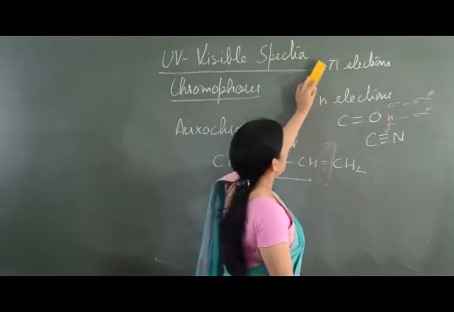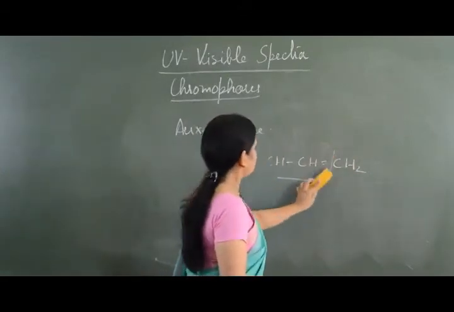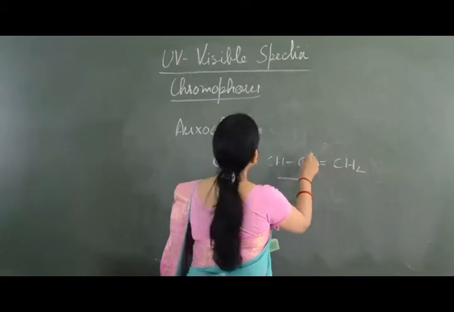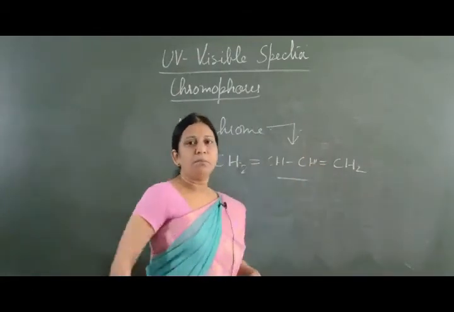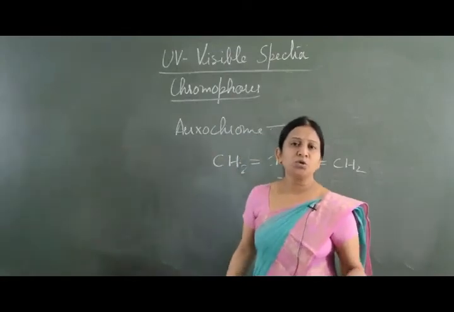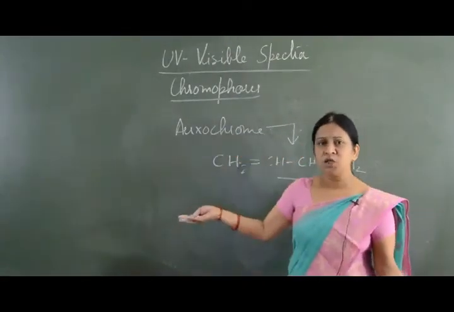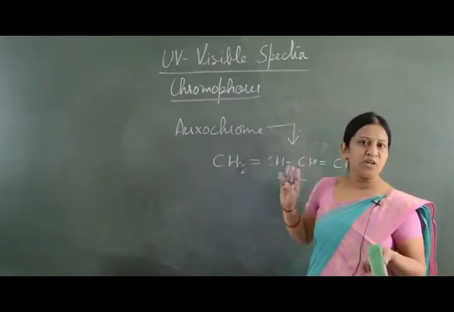Now, if I talk about oxochrome, suppose I am again taking up the same example. If I add oxochrome directly to this double bonded compound, it is not going to show any kind of effect. So, oxochrome as such has no property which is useful in UV spectra.